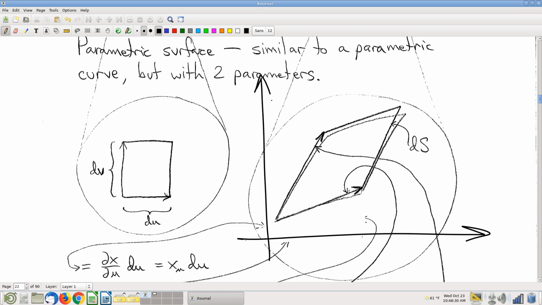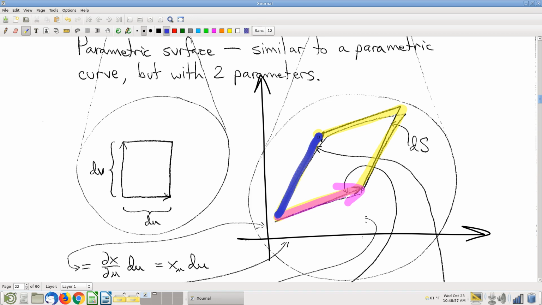And we want to compute the area of this little piece of the XY plane. Well, of course, we're going to approximate that little piece of area in the XY plane by this parallelogram. That parallelogram is defined by these vectors that you can write down formulas for. It's just coordinates or partial derivatives appropriately, times a differential. So compute these vectors.